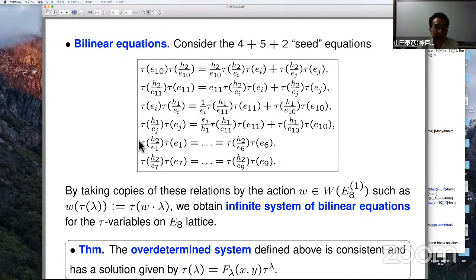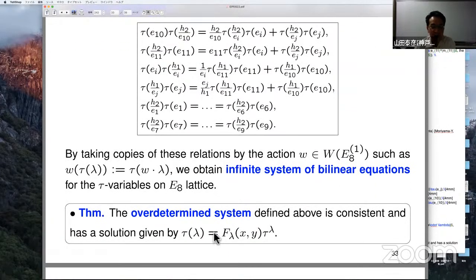And by taking the infinitely many copies of these equations by Weyl group actions, we have the infinite system of bilinear relations on the tau functions on the E8 lattice. And the theorem is that this over-determined system for the infinitely many tau variables is consistent, and the solution is given by our F polynomials. So this infinite system of bilinear relations gives the bilinear form of the quantum Painlevé equation.